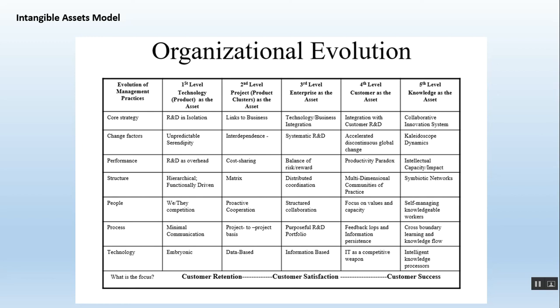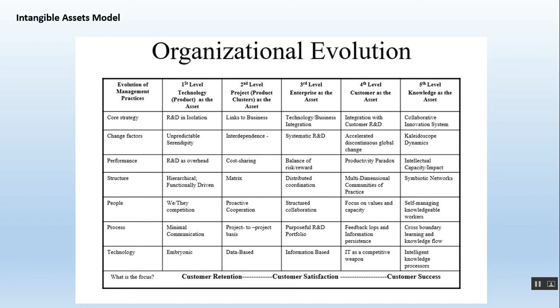structure in a level 1 company is very hierarchical and functionally driven. In level 2, it becomes more matrix driven, which we talked about in our last section. Then as it gets more advanced, you have to deal with more complex structural models like distributed coordination, communities of practice, even symbiotic networks.